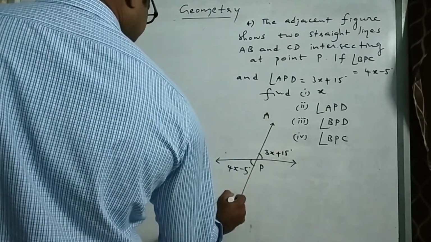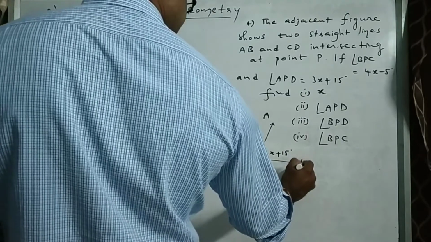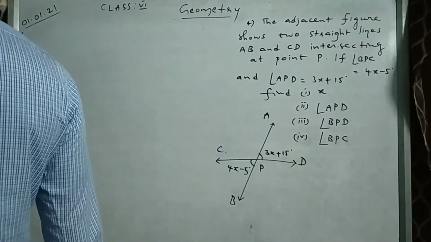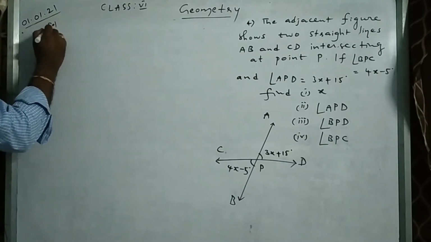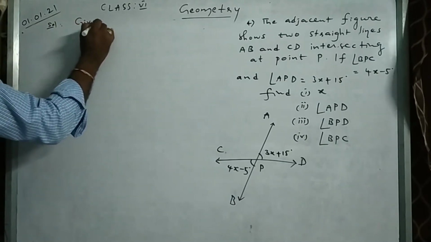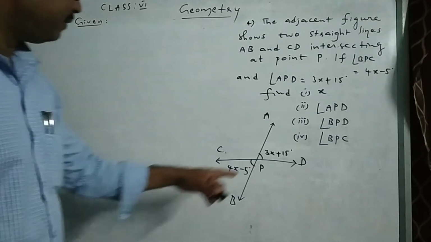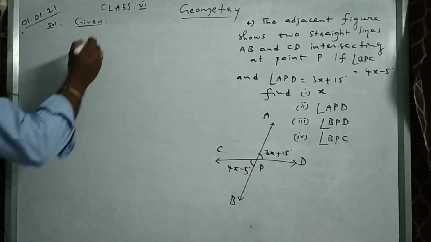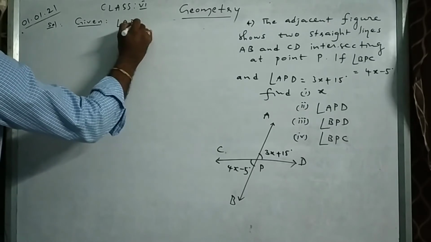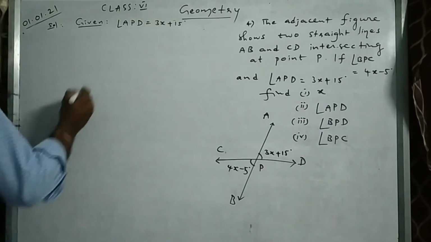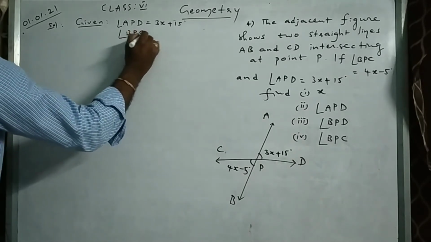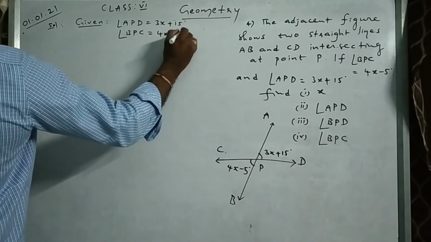Two vertically opposite angles are always equal. What is given in the problem? We are given angle APD equal to 3x plus 15, angle BPC equal to 4x minus 5.